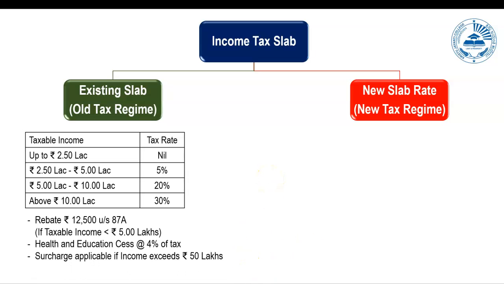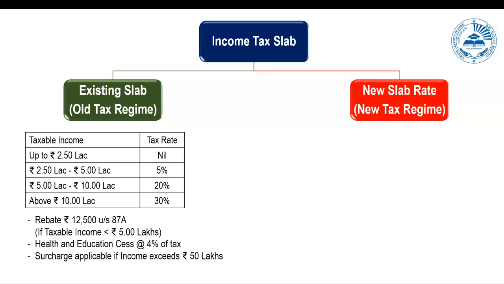Here we all know that there is a rebate applicable under section 87A, which was introduced a few financial years back. That is the rebate under section 87A, wherein a standard 12,500 rupees can be claimed by the assessee whose taxable income is less than 5 lakh.